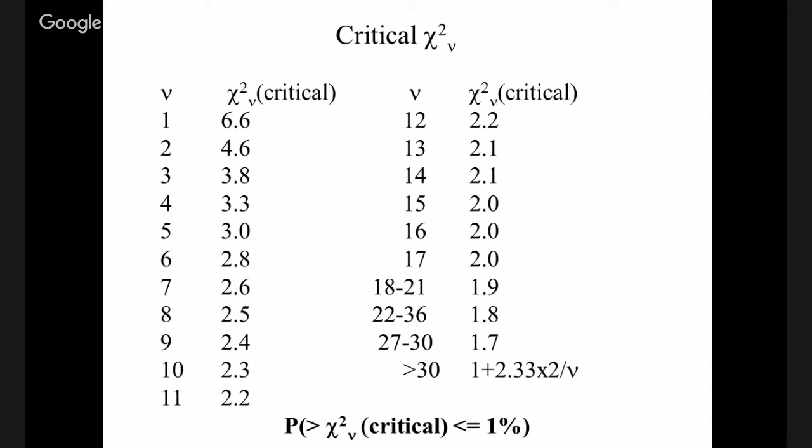So the probability of chi-square greater than critical is less than 1% if you are below those numbers. So 1 is an exaggeration. You see, when you go 1.7, more than 30 things, you go to 1. But we always say, let's multiply by chi-square to make it 1.